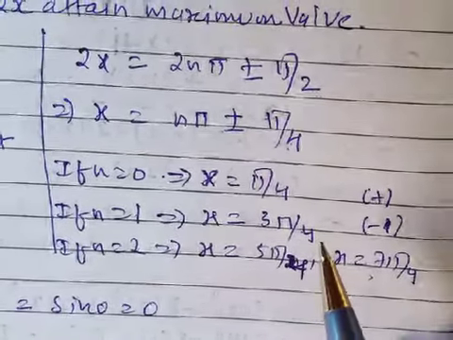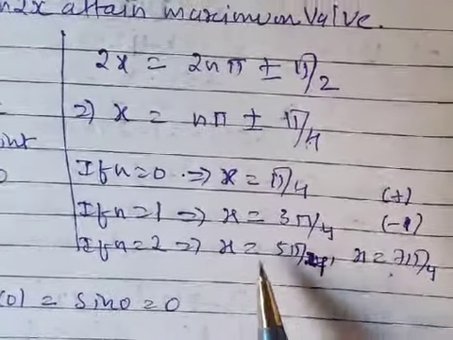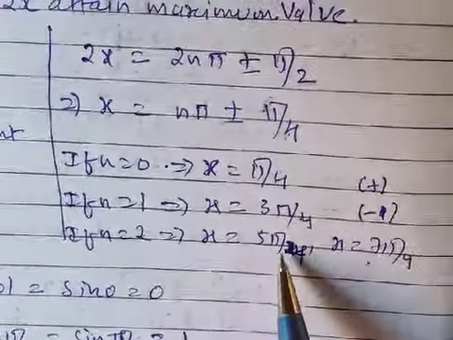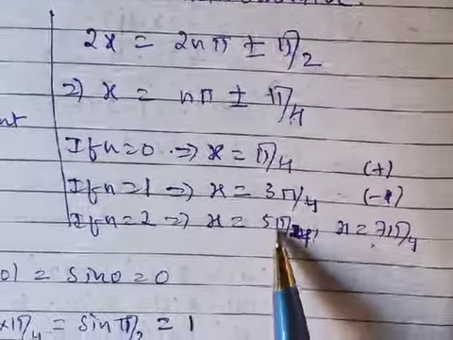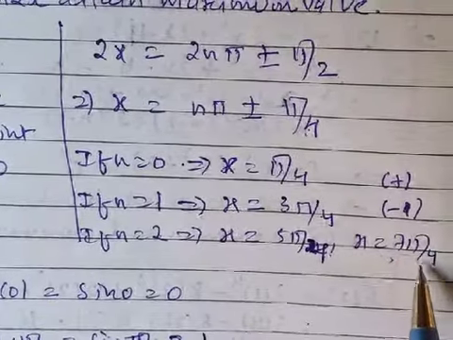Is it clear? So you will get 5 pi by 4, and also 7 pi by 4.